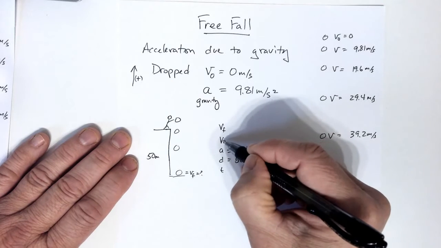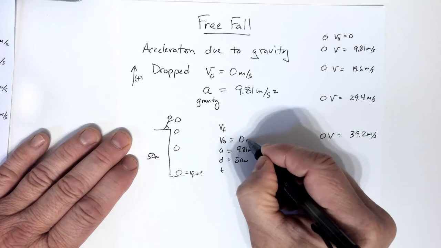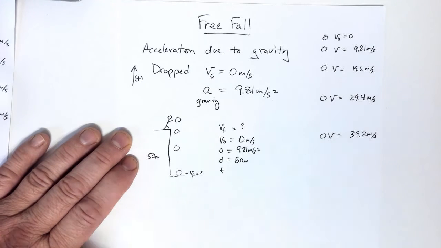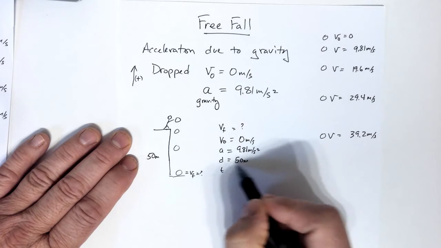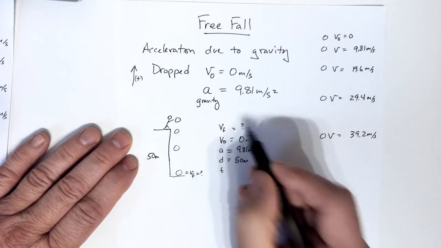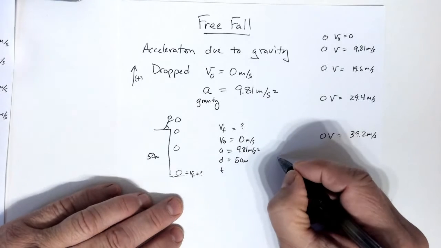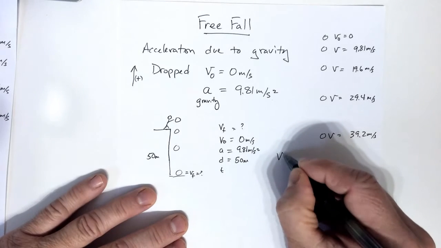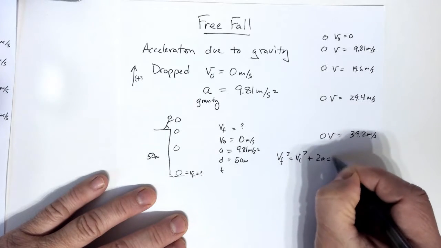And then V0, because it's dropped, is 0, and I want to find VF. So remember, we use our missing information to find this VF. So that leads me to the equation with no time, VF squared equals VI squared plus 2AD.